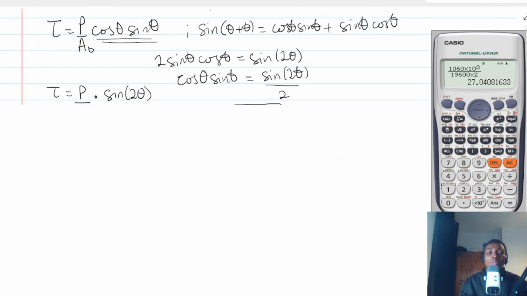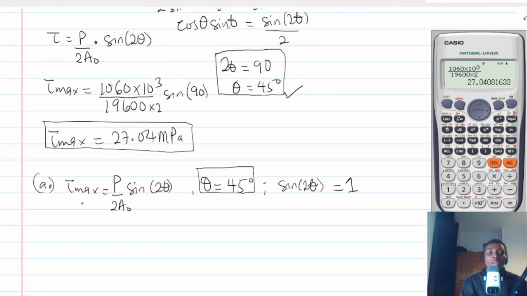So this one is very simple. 18 megapascals should be P divided by 2 multiplied by the area, which is 19,600.